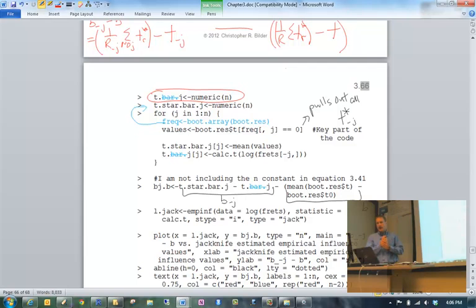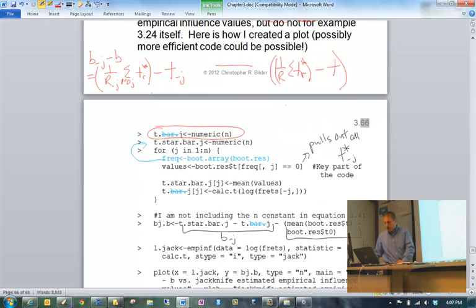So T.J is just going to be a place where I'm going to calculate T sub negative J for every observation. So I'm going to initialize it to be numeric n, in other words, a vector of length n. T star bar dot J is also going to be of length n. And I guess to emphasize too, let me draw arrows to what those corresponding elements are in our formula.